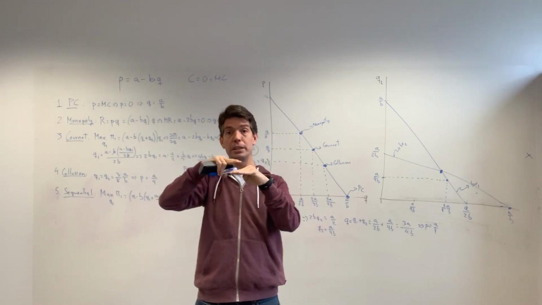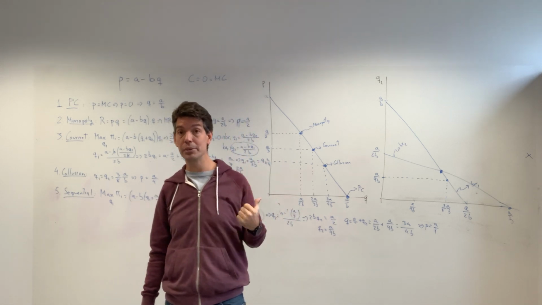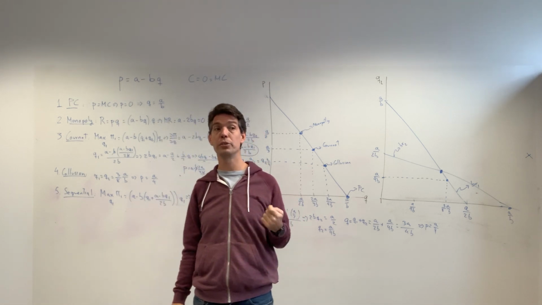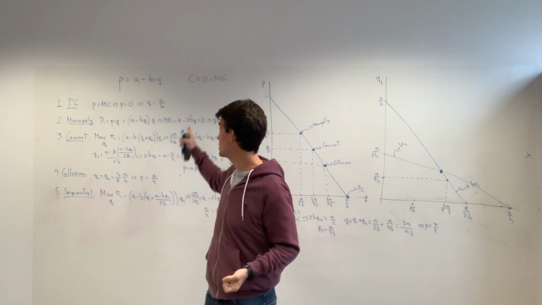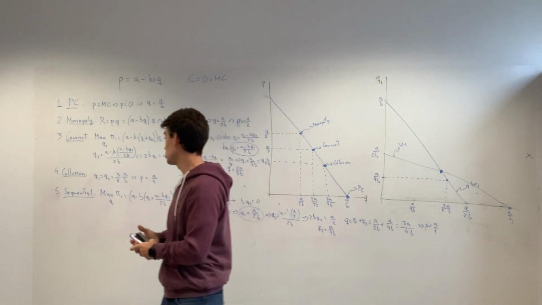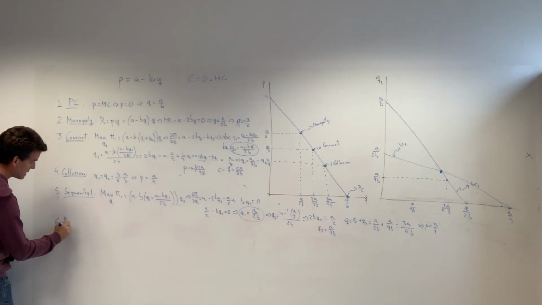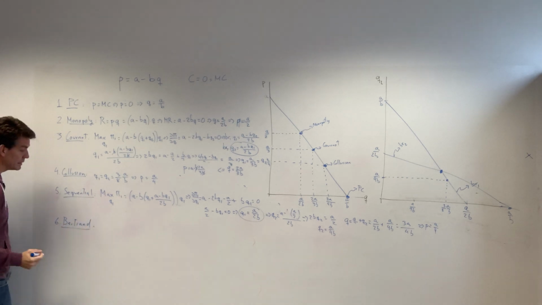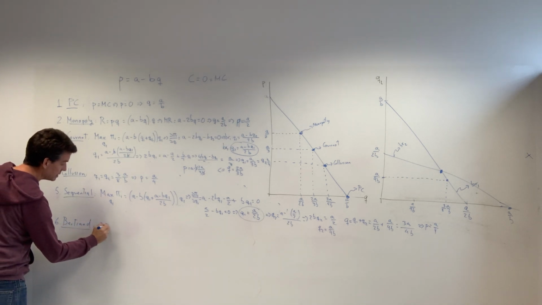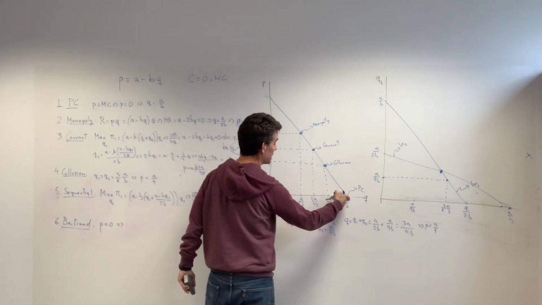But of course, each company is going to undercut each other until when? Until the marginal cost. Given that the marginal costs here are equal, both firms are going to sell at a price equal to marginal cost. But that marginal cost in this exercise is 0. So competition under the Bertrand model, which is competition in prices, is going to tell you that the price equals 0, and because the price equals 0, we are also going to be at this point.